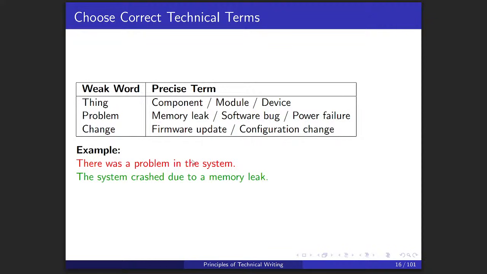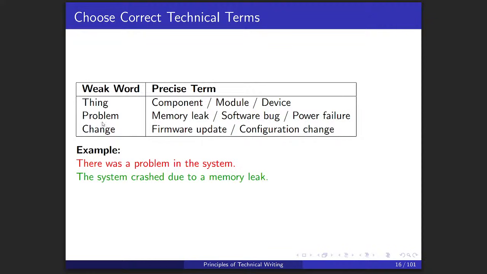So if you look here, weak words: thing. Instead of "thing," I can use device, module, component. Instead of mentioning "him" or saying "they," "we," which cannot be pointed towards a specific person, you need to mention it as component or module or device.